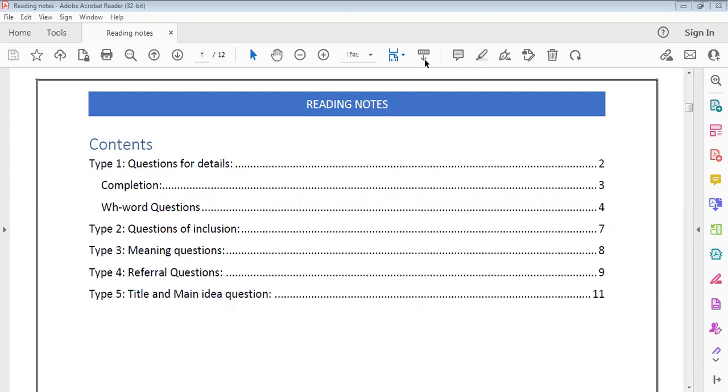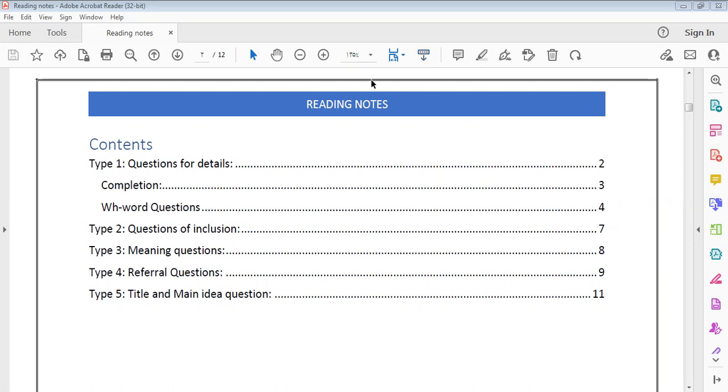The whole exam is CBT, computer based test. You never write anything. The whole exam is MCQ, multiple choice. So for questions for details, as we said, I have completion questions and WH questions.